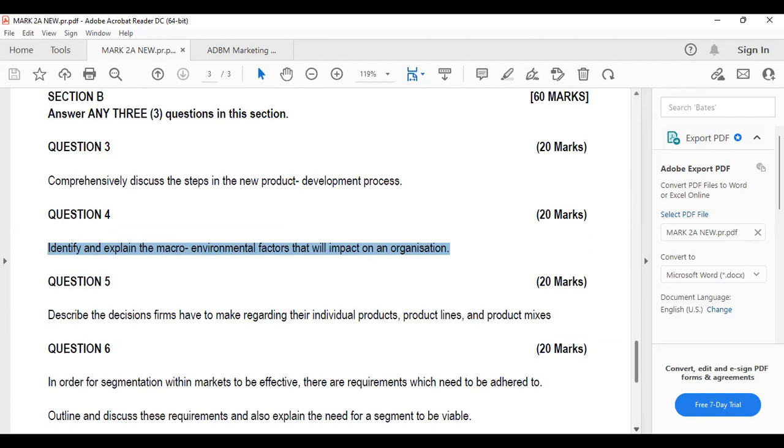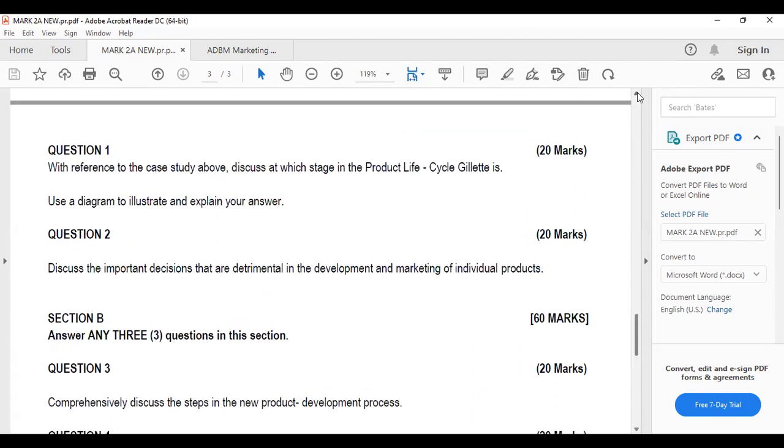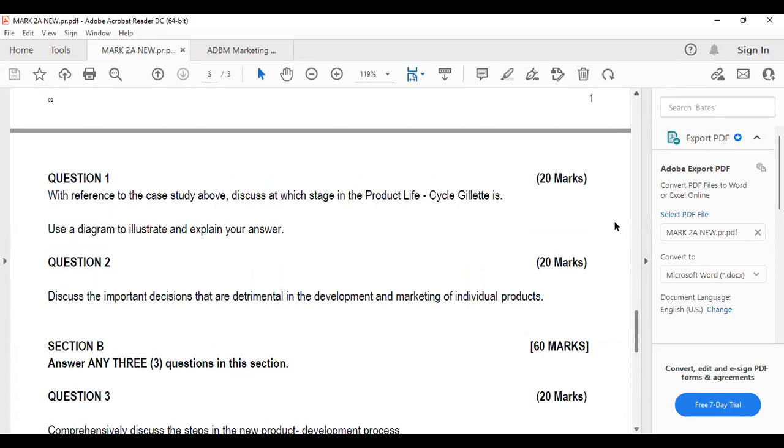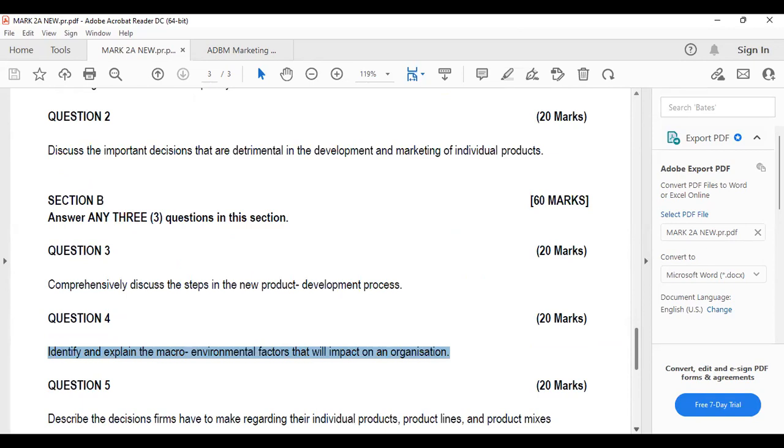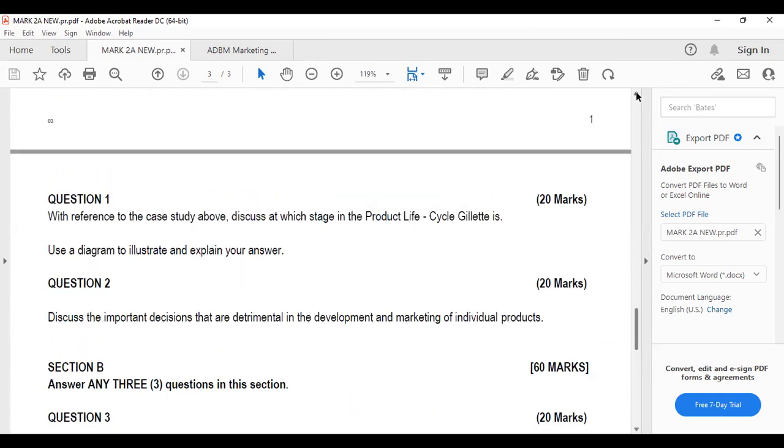So today we will look at question number 1, and then we'll look at question number 3 and question number 4. So we'll start with question number 1.